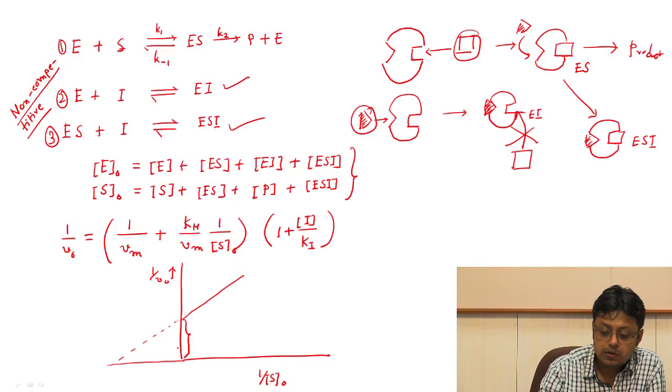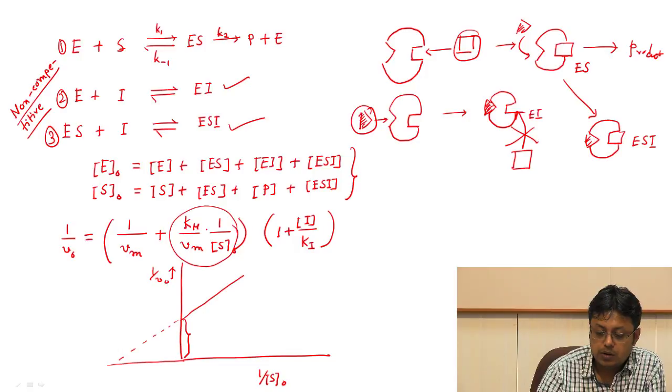So 1 over S0 is 0. So this term basically vanishes. So what I'll have is that 1 over V0 will be 1 over Vm times 1 plus I divided by Ki.